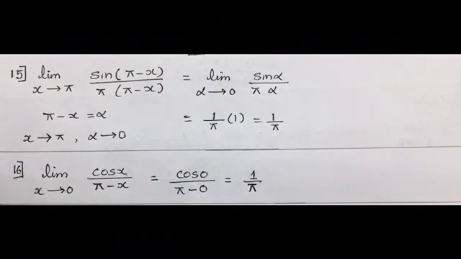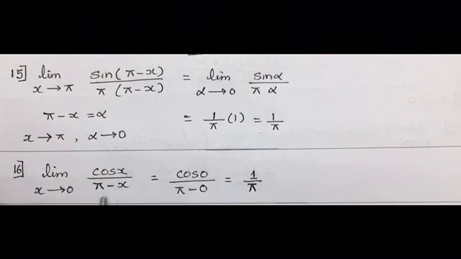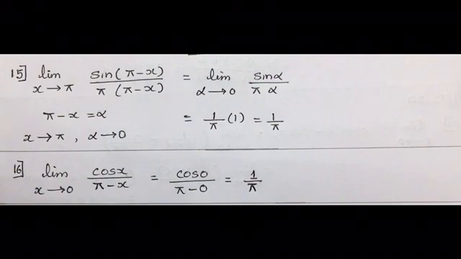16th one, given is limit x tends to 0 cos 0 divided by pi minus x. Now here if we directly substitute x is equal to 0, then we will not get 0 upon 0.